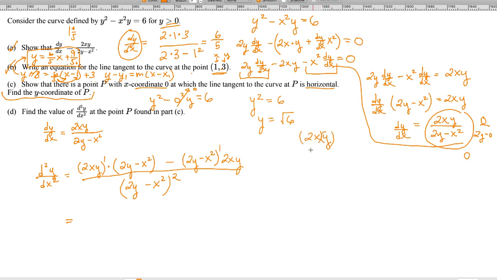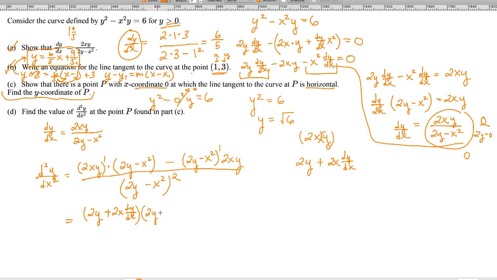So the derivative of 2x is just 2, times y, plus the 2x stays, times the derivative of y, which is dy/dx.